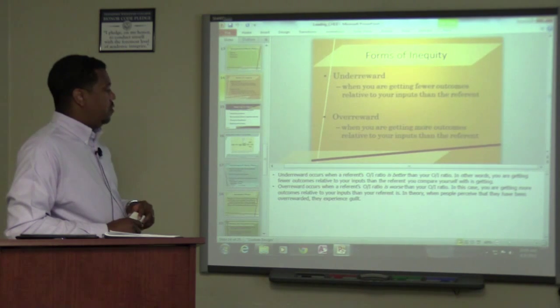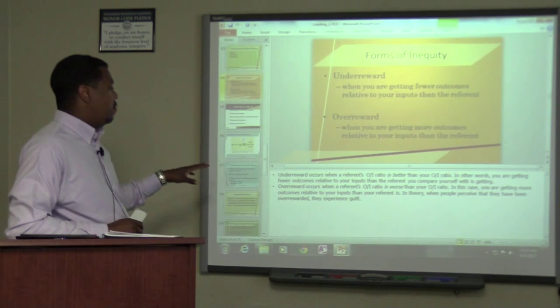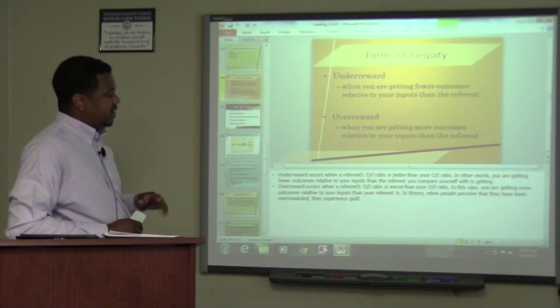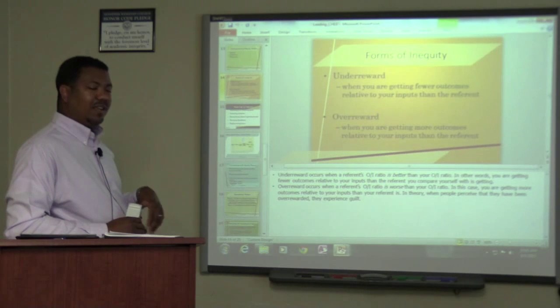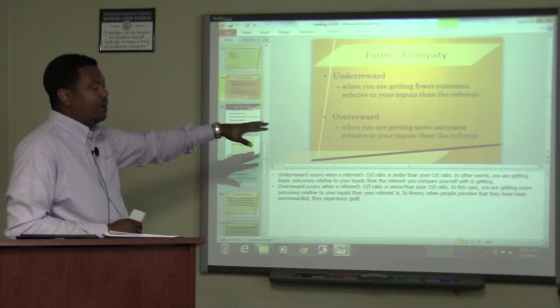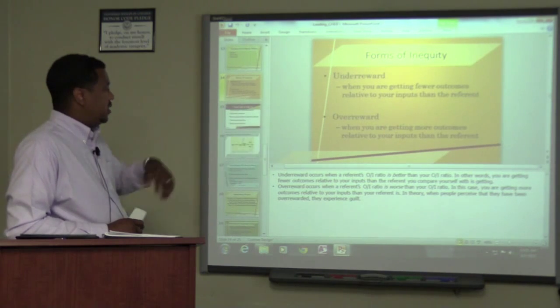What about over rewards? We see this happen when an individual's output to input ratio is better than the reference's. So in this case, you're getting more outcomes relative to your inputs than your reference is. In this theory, people perceive they're being overcompensated to a certain standpoint and feel a little bit guilty by receiving over rewards within their organization.